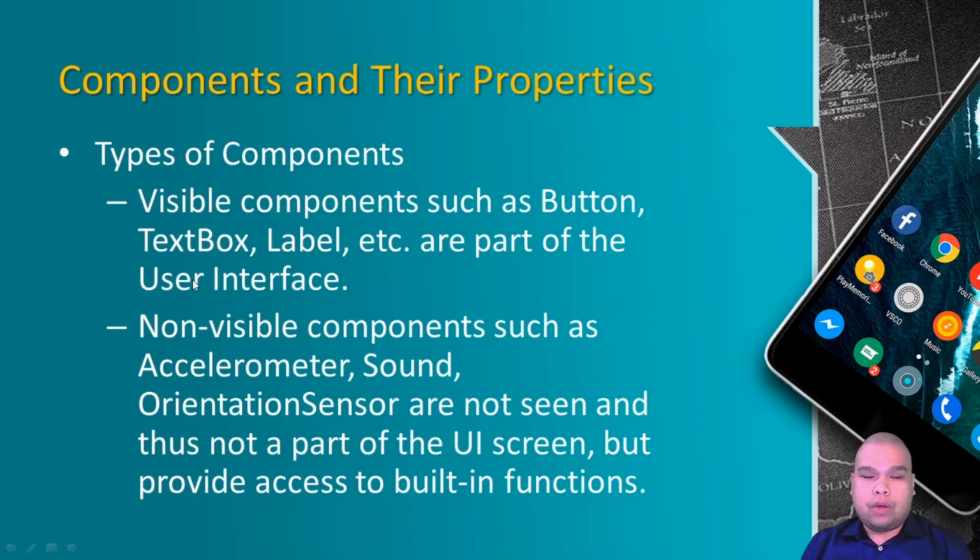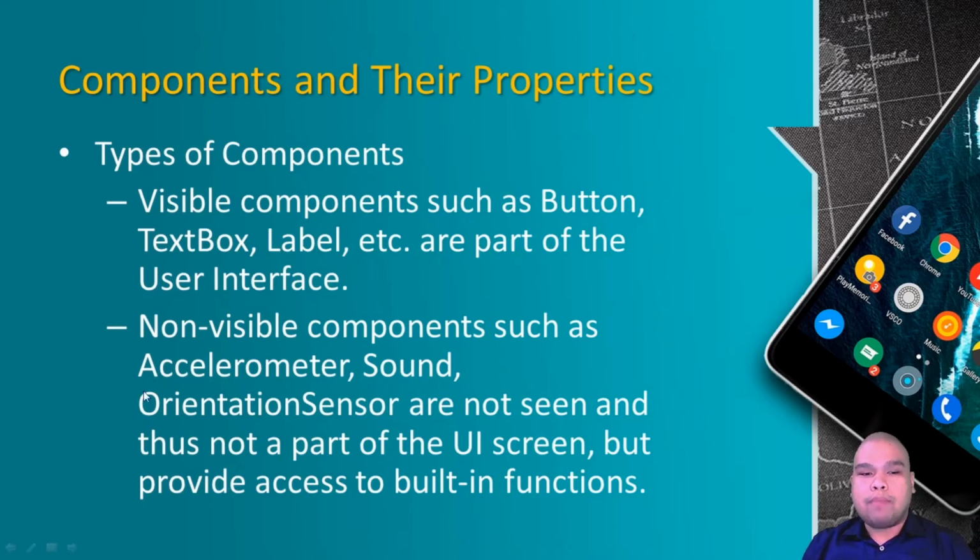Everything that you see on your mobile application will fall under visible components. Then we also have your non-visible components, such as the accelerometer, sound, and orientation sensor. These three are not seen, they are not part of the user interface, but they provide access to built-in functions.